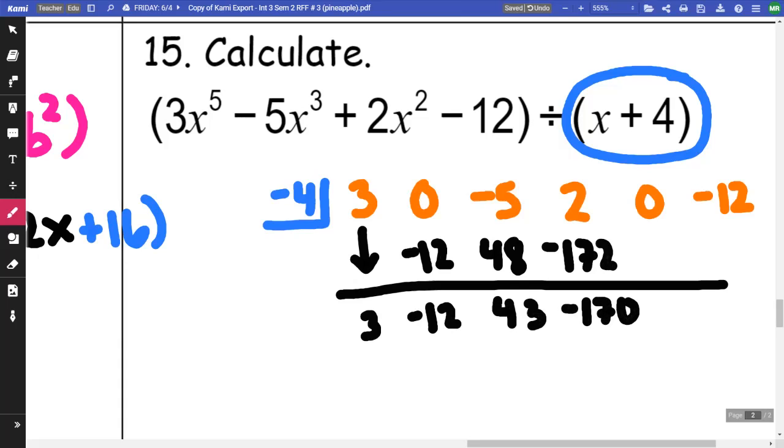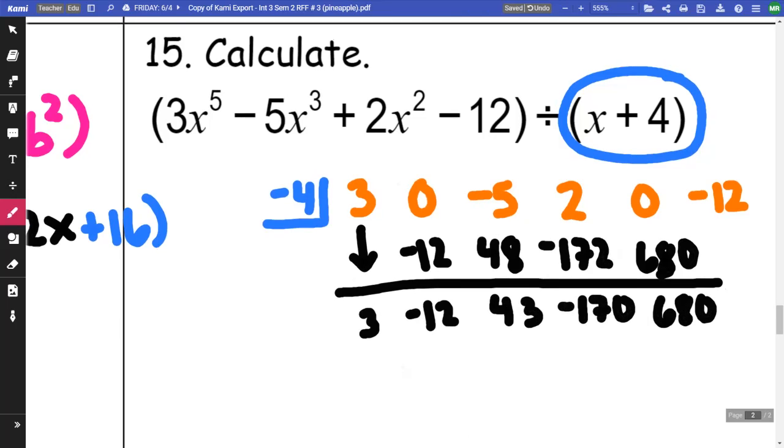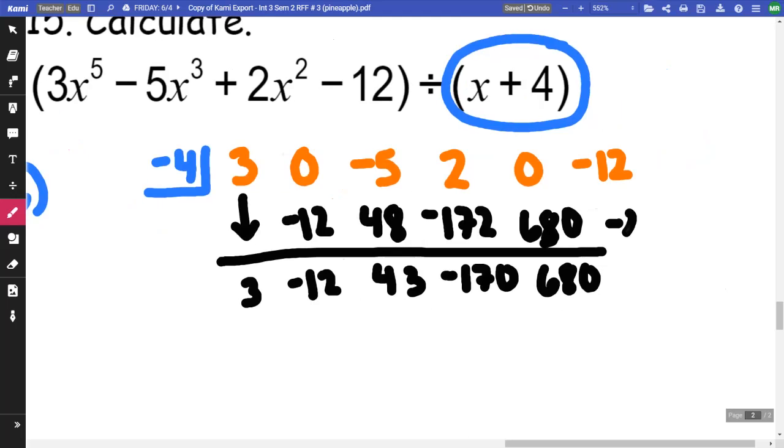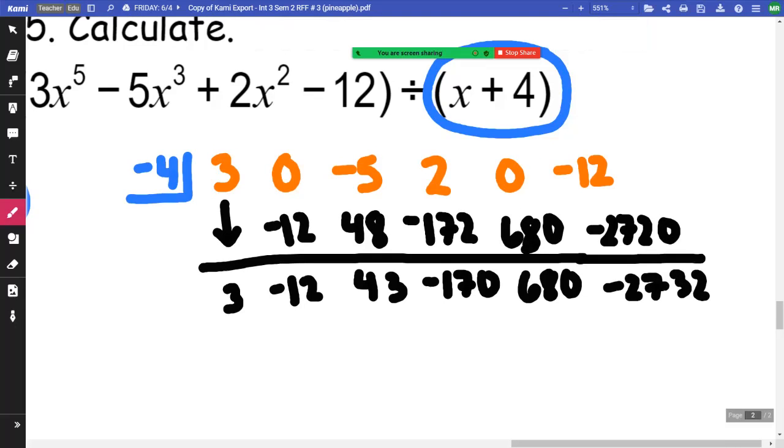I'm going to take that -170 times a -4, which is a 680. So I get 680 times a -4, which is a negative, big numbers here, -2,720. And I add that, and I get a -2,700 and 32.